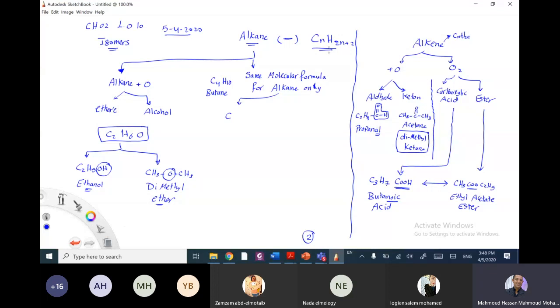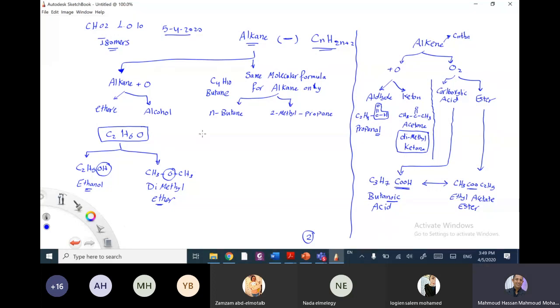It's related to alkane since CnH2n+2. So it may give us compounds like this: n-butane, or isobutane, 2-methylpropane.